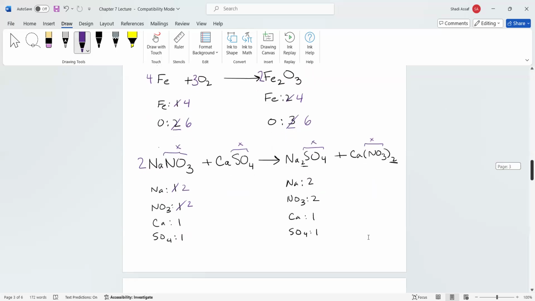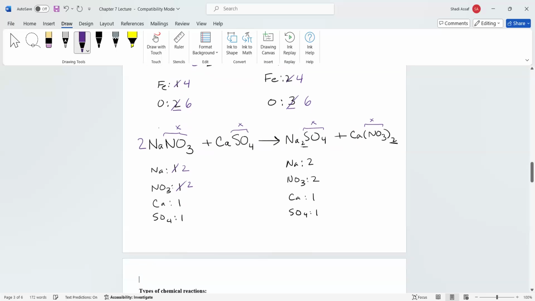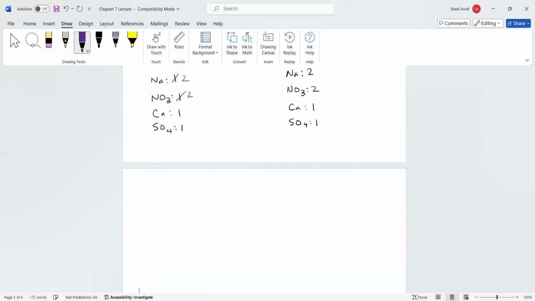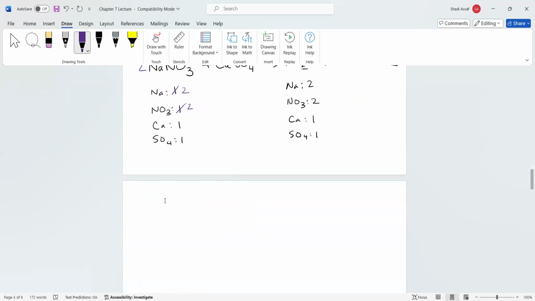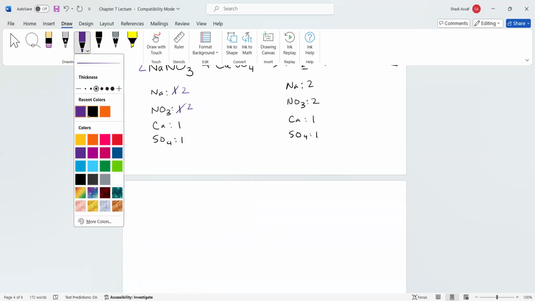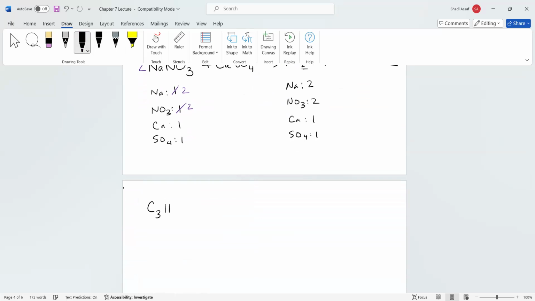Now, again, some of the problems can get progressively harder, but I won't really ask much harder problems. Let me just end with this. So if we have C3H6 plus O2, that gives you CO2 plus H2O.